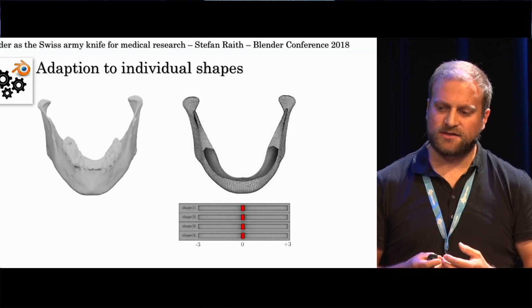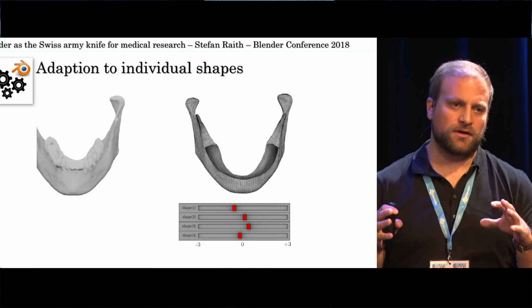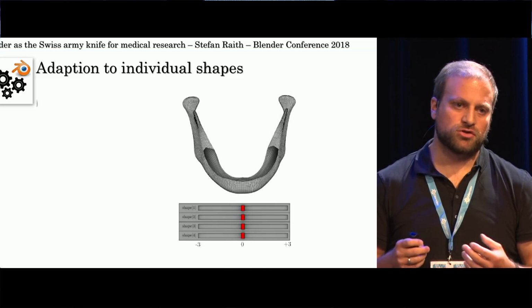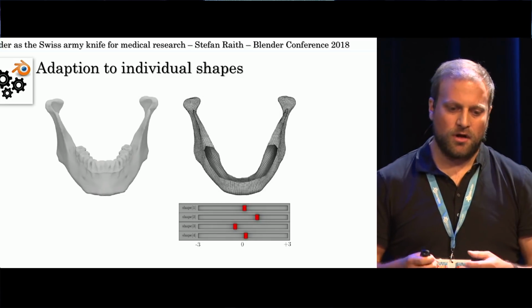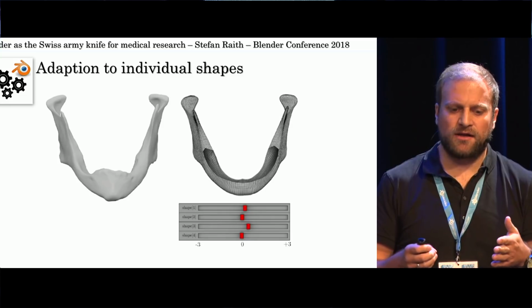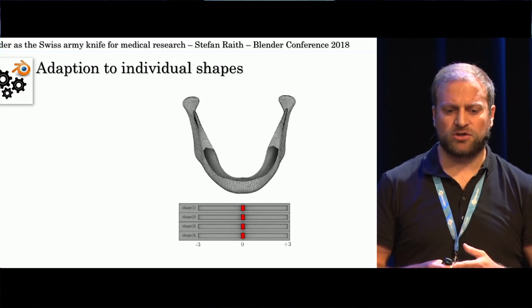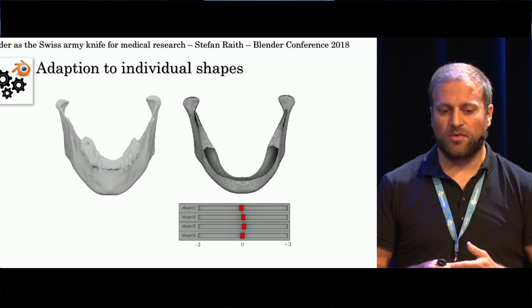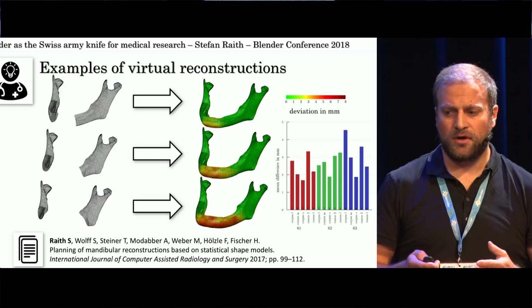And like this, we can now individualize the shapes to different individual scans or CT data, like it is shown here, where the factors automatically adjust according to the given mandibular shape. And this can also be performed when only parts of our bone are known for the software.